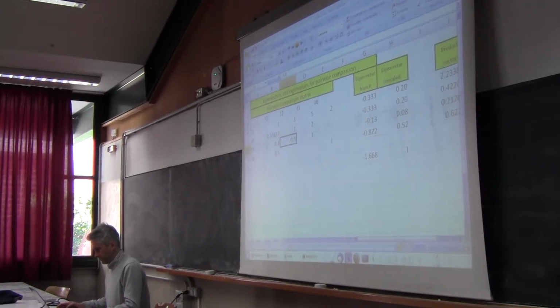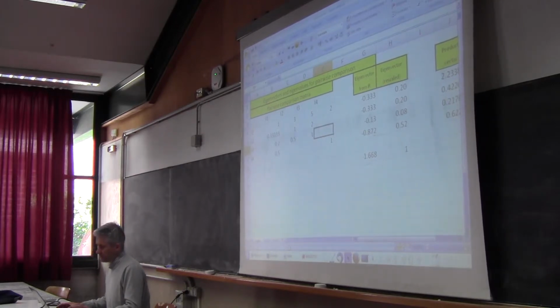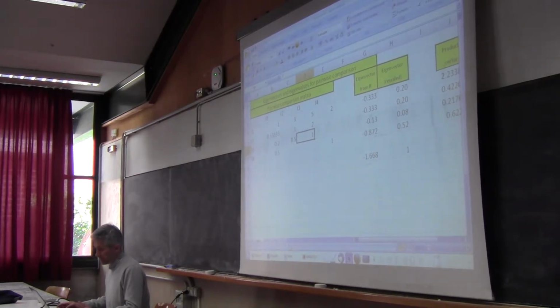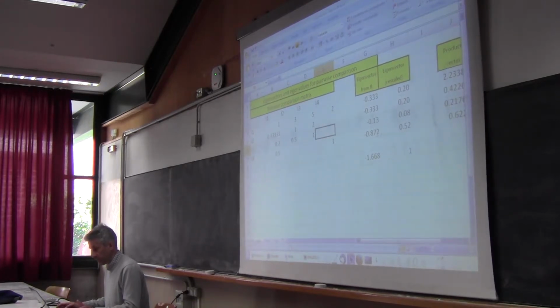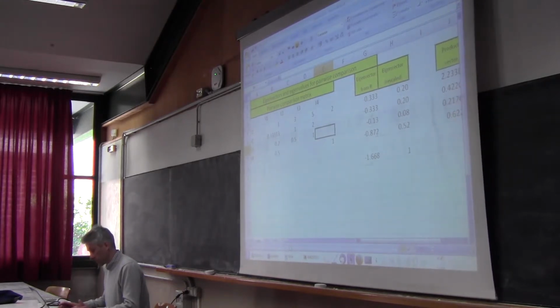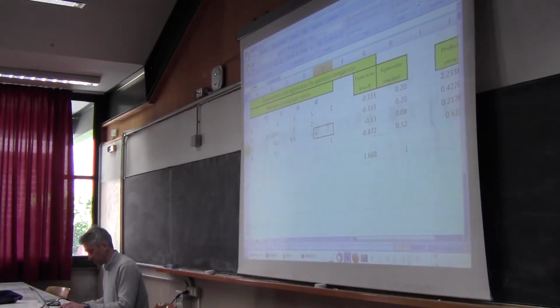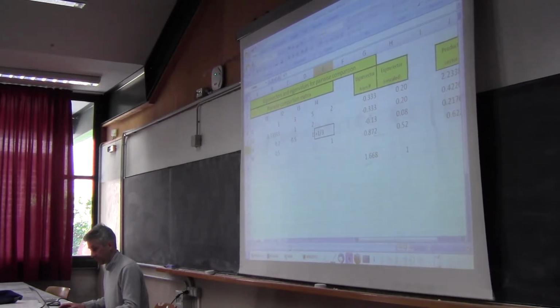Okay, and then we need to compare the impact on the landscape against the impact on the tourism. Again, for consistency with the previous evaluation, I will put here 1/3.